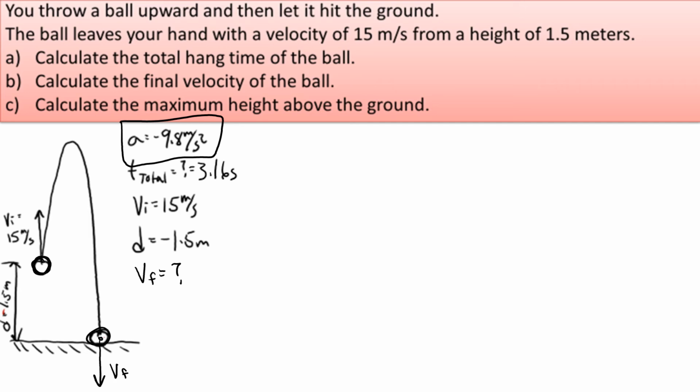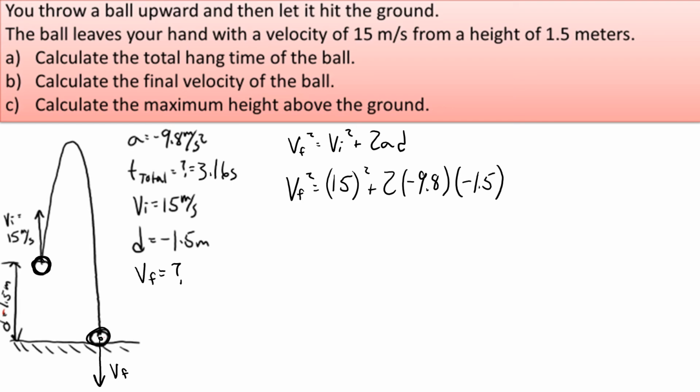So we could use a number of different equations since we have 4 pieces of information to find VF. If I have a choice like that, I prefer to use VF equals VI plus AT. But since we rounded our time, I'm going to actually use the equation without time. VF squared equals VI squared plus 2AD.